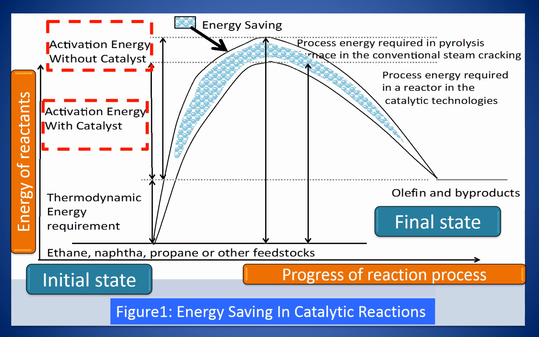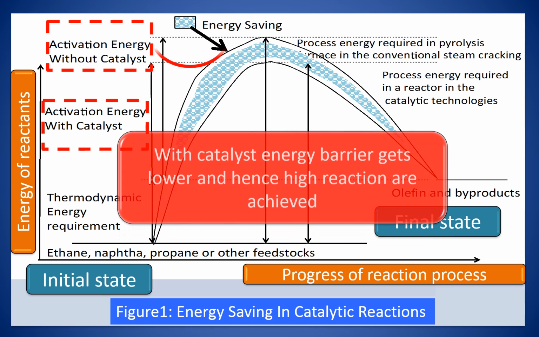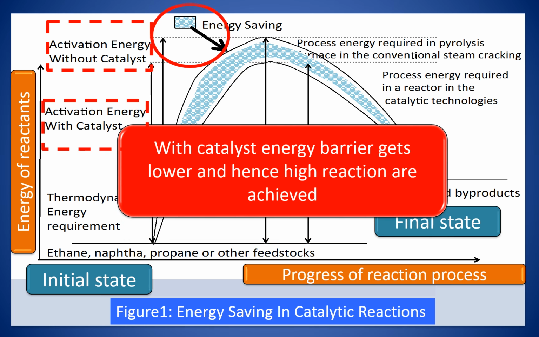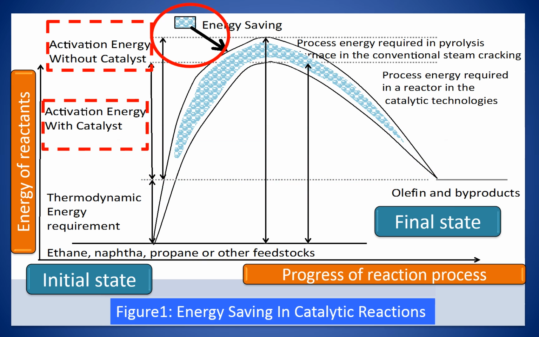With catalyst, the activation energy gets lower. The red circle indicates energy saved in the catalytic process, shown in the grey hatched area. With catalyst, the energy barrier gets lower and hence high reaction rates are achieved.